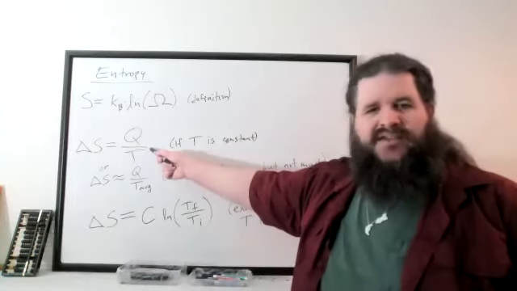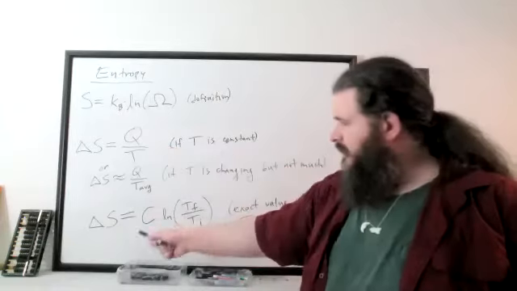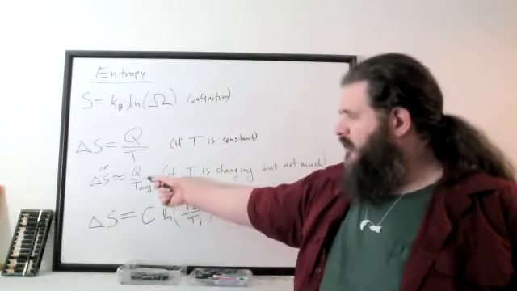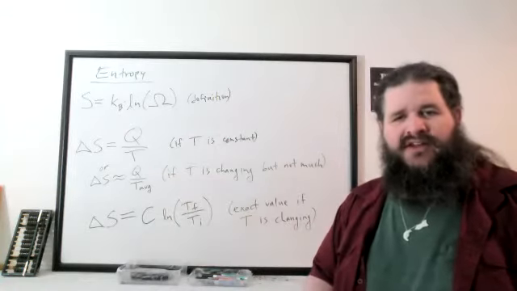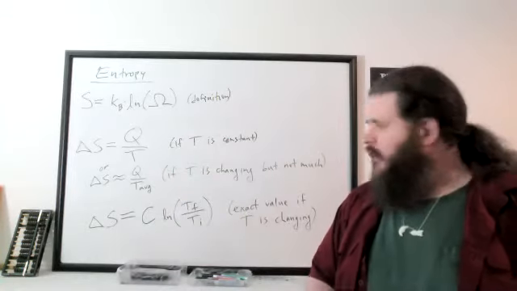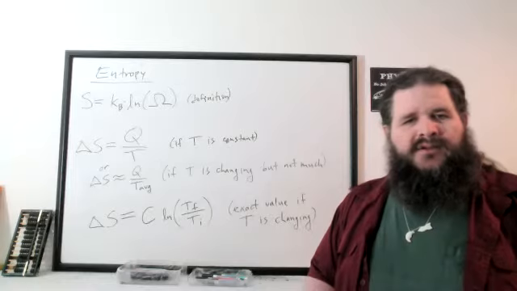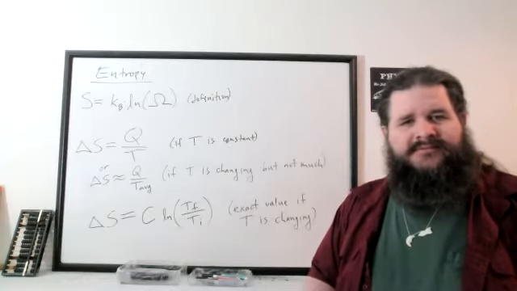So this formula is exact if the temperature is constant. This formula is exact if the temperature is changing, but this one works as a pretty close approximation if the temperature is changing, but not a huge amount. And of course, all these temperatures have to be in kelvins for this to work, so that 0 actually means something. Any questions on those formulas so far?